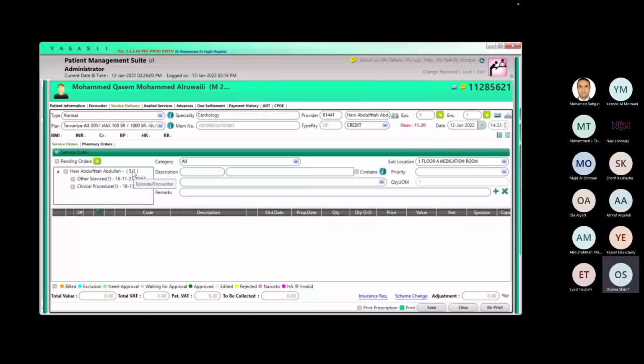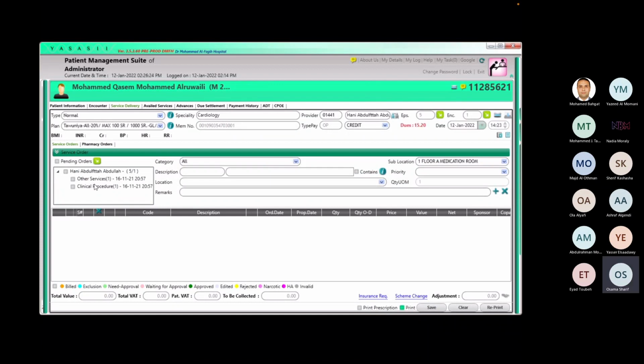When I clicked on this small arrow next to Hani, it opens two boxes for me. There are some other services and clinical services. This is the categorization of the service. So imagine if there was a lab and radiology, you would have seen lab and radiology. You get me? So that's just the breakup of it. Why?